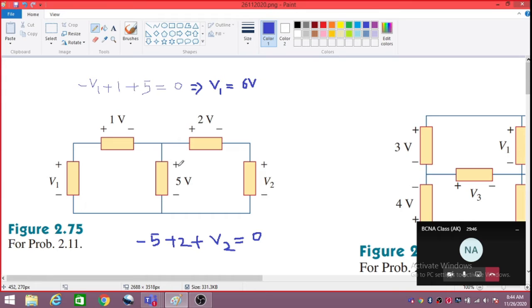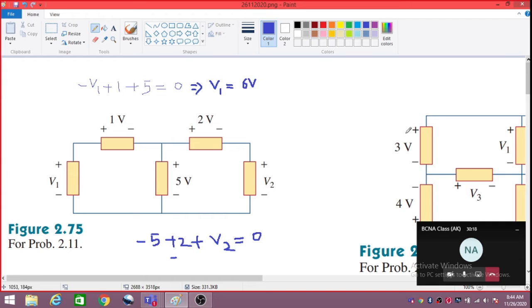Because minus 5 means it is a voltage rise. In this loop there is one voltage rise, and here it is a voltage drop. Plus 2: when we move from this point to this point, there is a voltage drop of 2 volt, plus to minus. Plus means higher voltage, minus means lower voltage. Similarly here, V2 has a voltage drop.